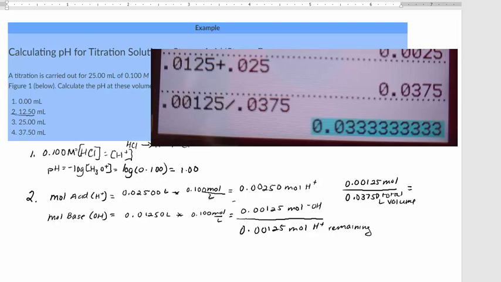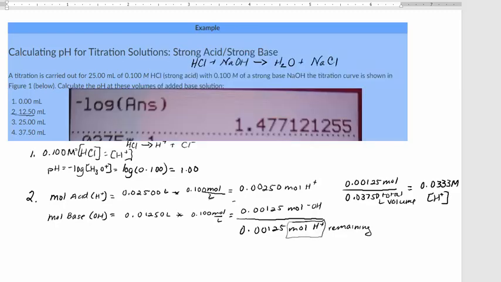So that concentration works out to be 0.0333 molar, and that is the concentration of my acid. And it's acid because I had excess acid here. So now to take the pH, pH is the negative log of that concentration, 0.0333. And that value, I get a 1.48.